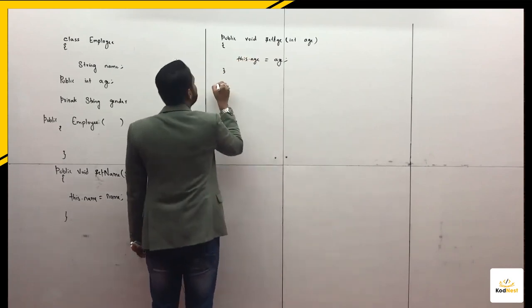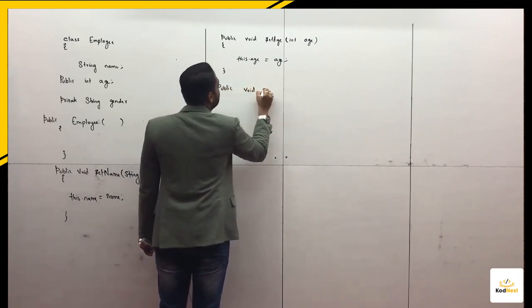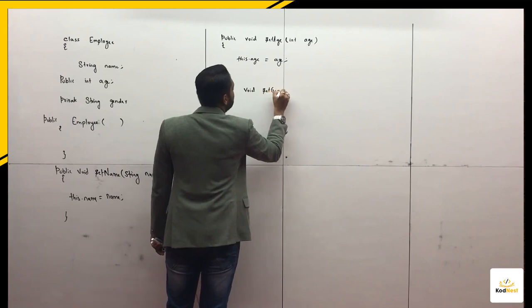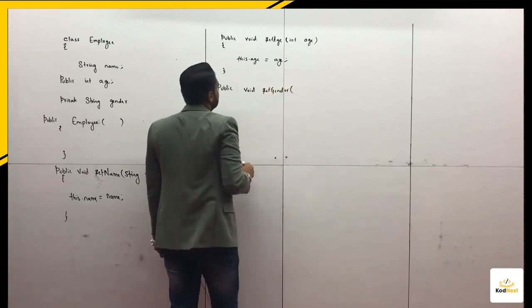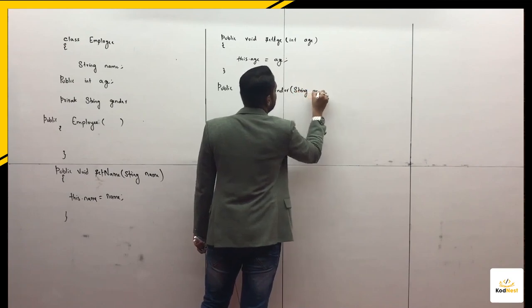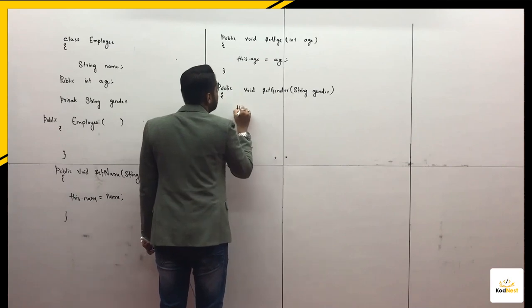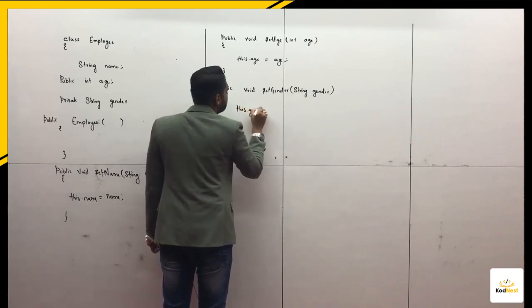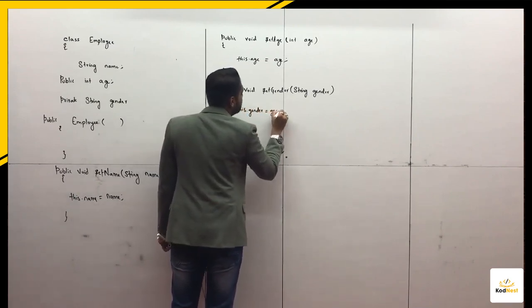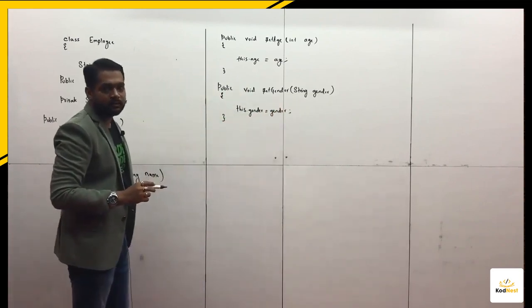Similarly, one more setter I would write, public void setGender. Here this would accept one variable, string gender. Inside this I would tell this dot gender equals gender. This is the closing of the setGender.